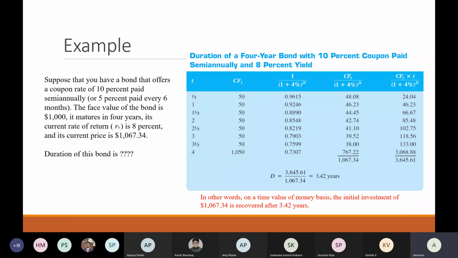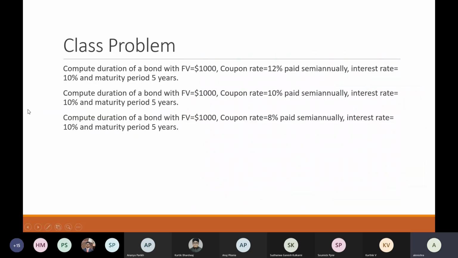So this duration part is clear, how to calculate. Any question? Anyone? If you have any question related to duration, we can discuss. Now, can you calculate duration for all these three types of bonds?